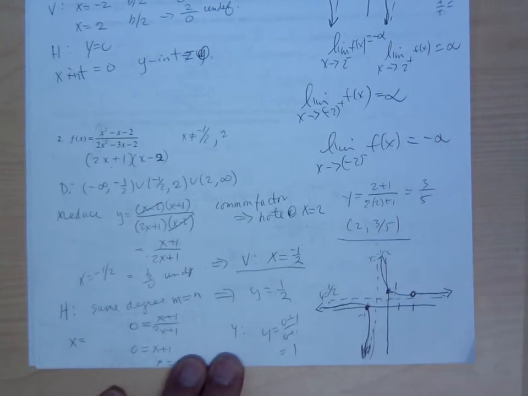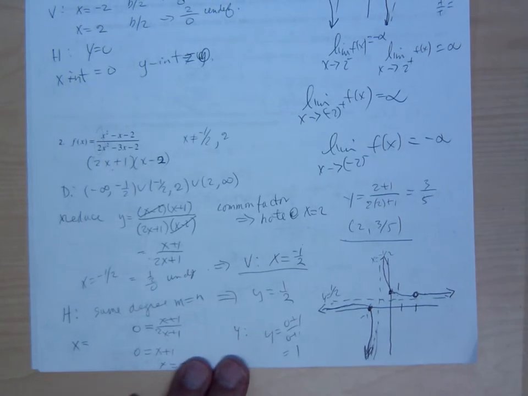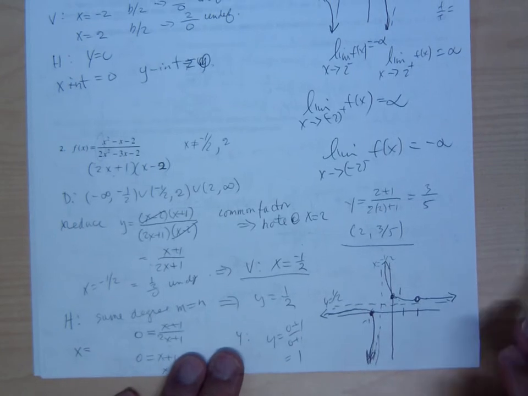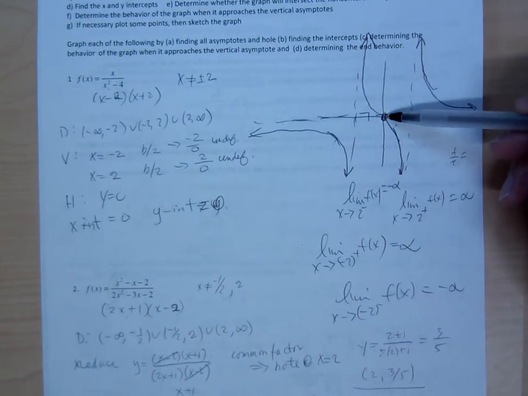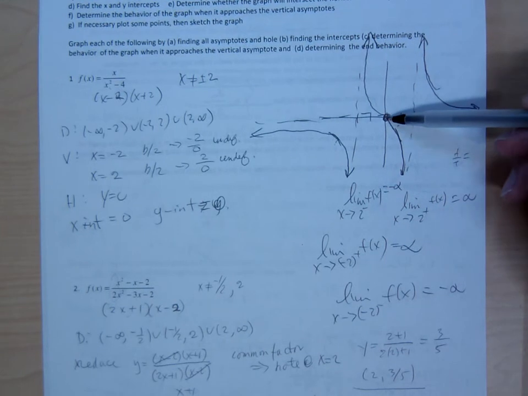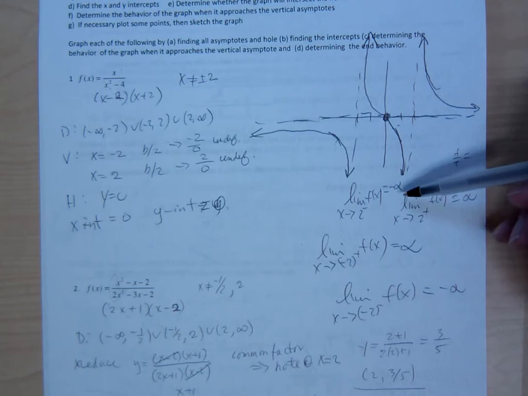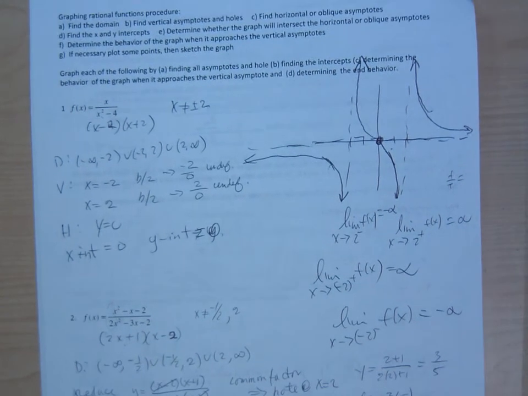Negative infinity. So there will be positive infinity on top, negative infinity on the bottom. Okay? But you have to go through all that. Right? And you notice in this problem, I only have 1 point, and that's why we asked the question, is it going to be positive infinity or negative infinity as we get closer and closer to the asymptote line? Right? So let's do the next one, guys.